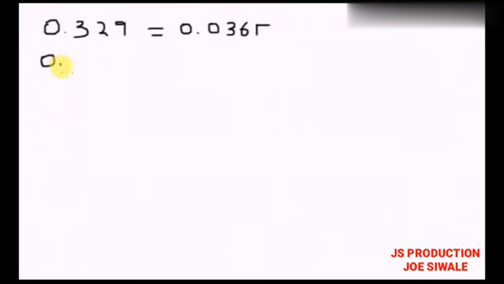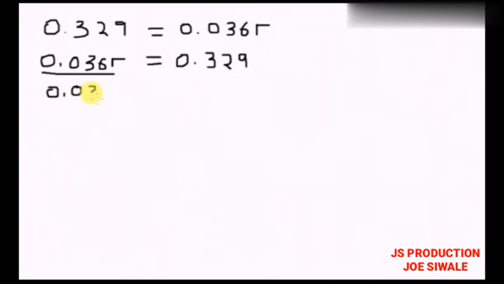Then I can say 0.036R is equal to 0.329, divided by 0.036, divided by 0.036.